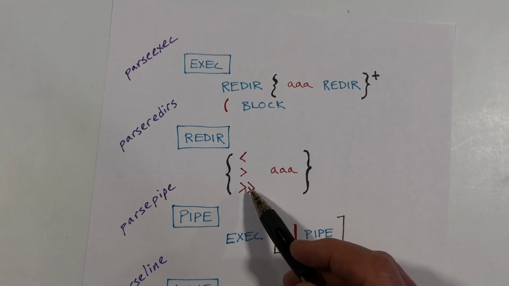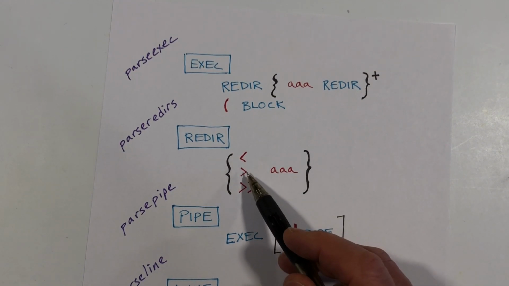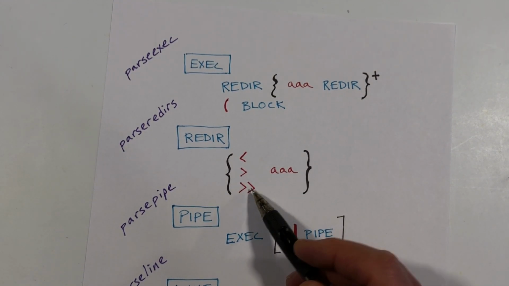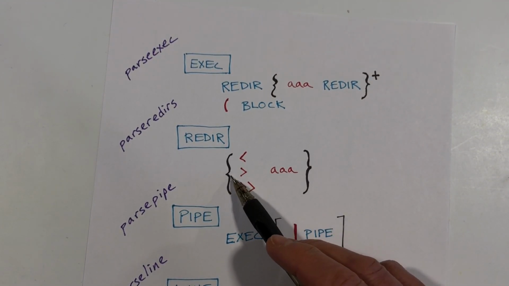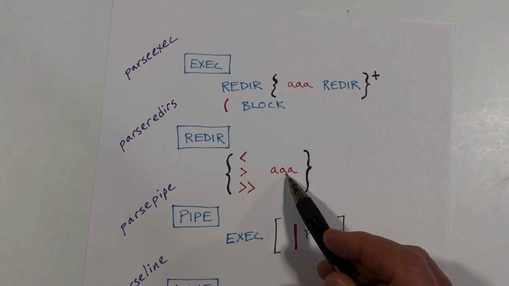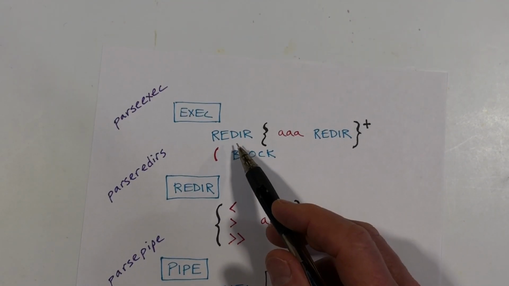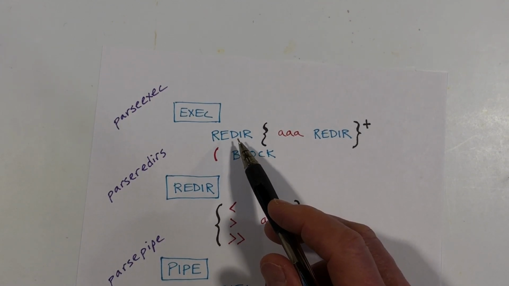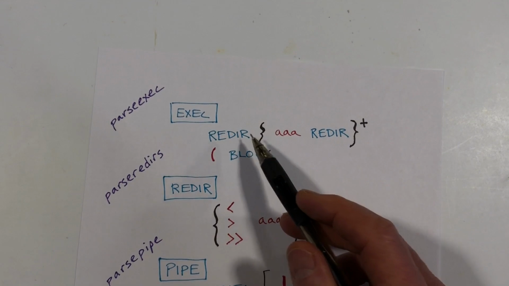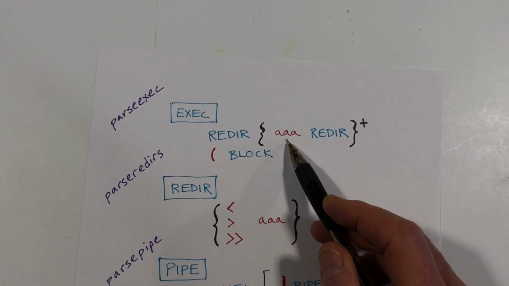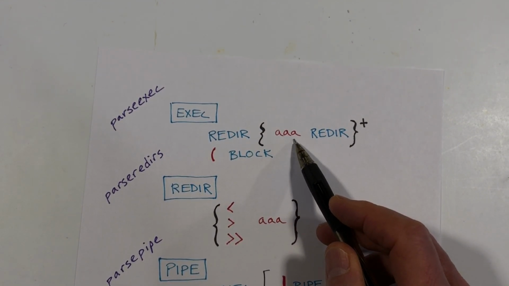A redirection is either a less than, a greater than, or 2 greater than symbols, followed by something. And this will be the file name, of course. So we can have 0 or more of these. And finally, we get to the meat of things, which is the exec node. So an exec is normally a sequence of tokens.